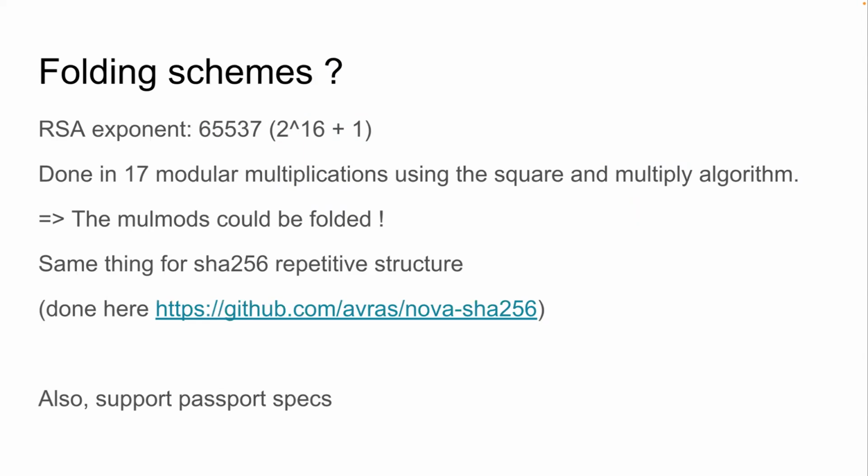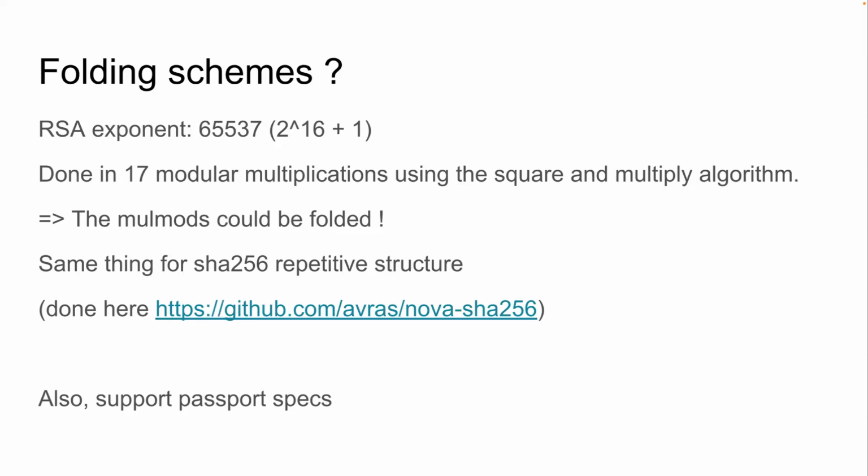And so basically, why are folding schemes interesting? Well, as we saw yesterday, folding schemes can fold multiple instances of basic circuits that are doing some things. The most important things in the circuit that take the most compute are RSA and SHA-256.